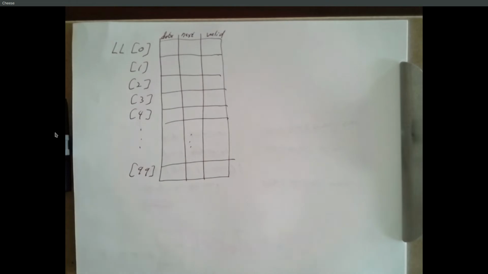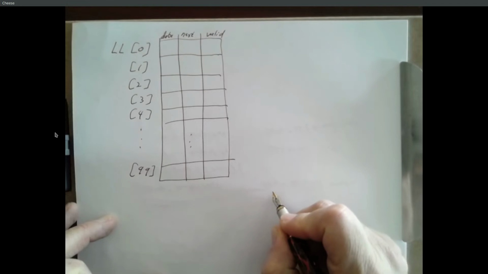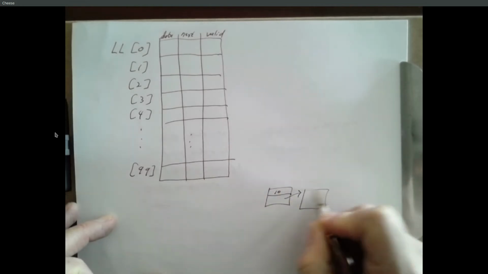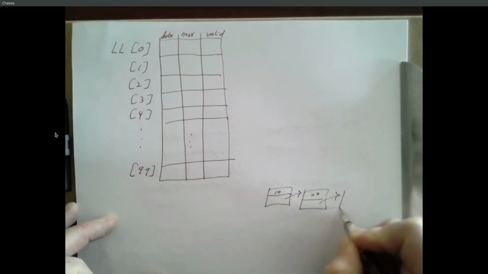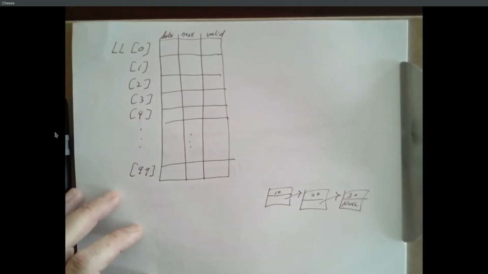And so suppose we have a linked list that looks like this. A list containing 3 nodes, 10, 20, and 30. And here's an example of what it might look like in our array. Assuming you've been adding things, removing things, making some changes, it's possible this is what our linked list might look like in memory.